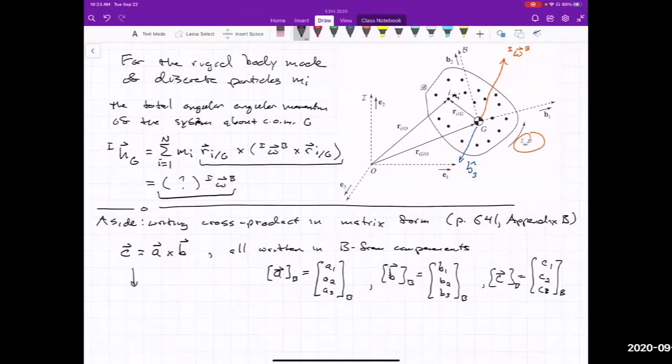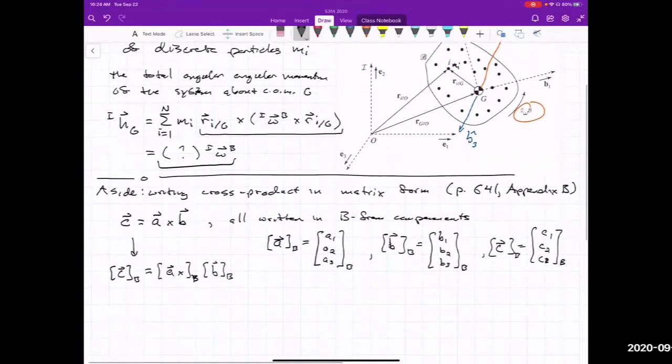So we'll write this cross product completely in terms of the B frame. This would be C equals, and we'll write A cross, that's a matrix, times the column vector B. So what is going on here?